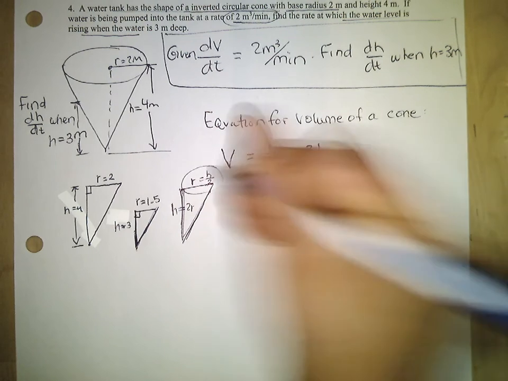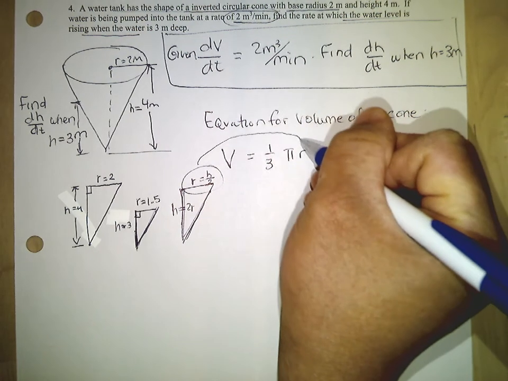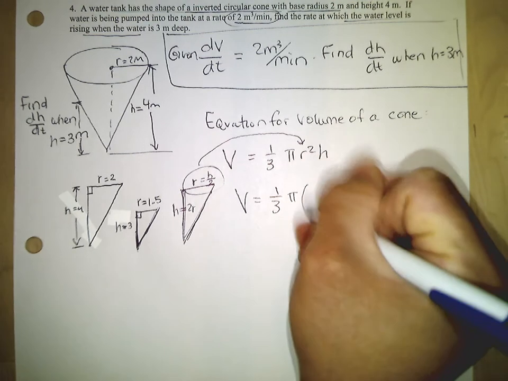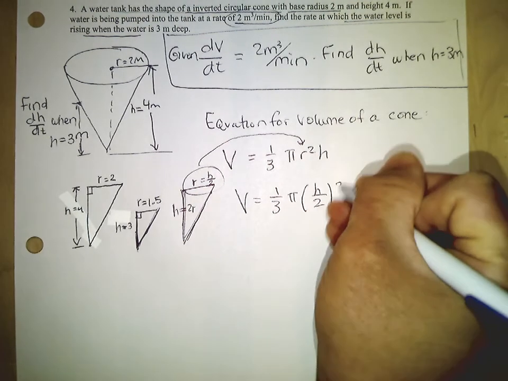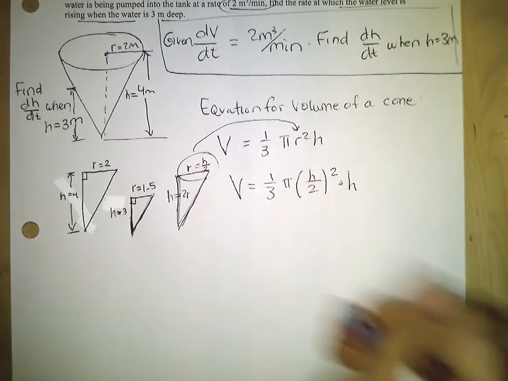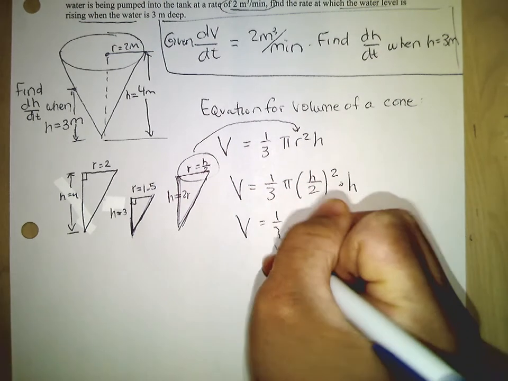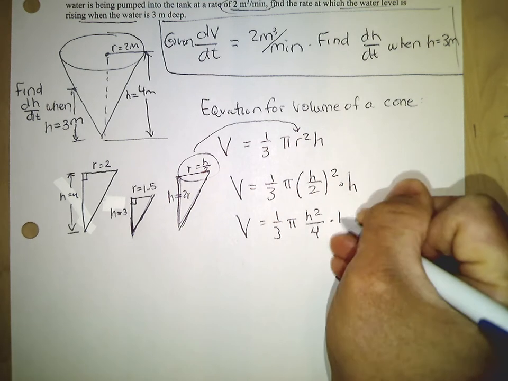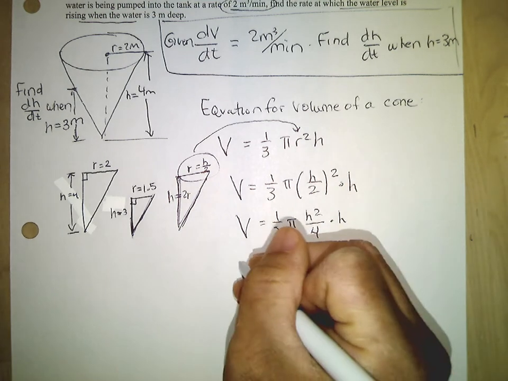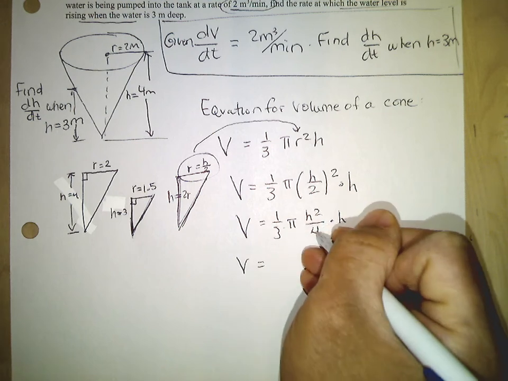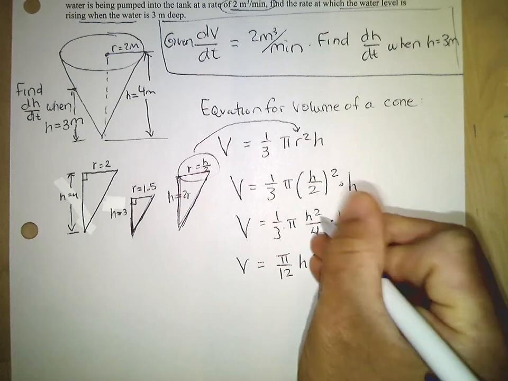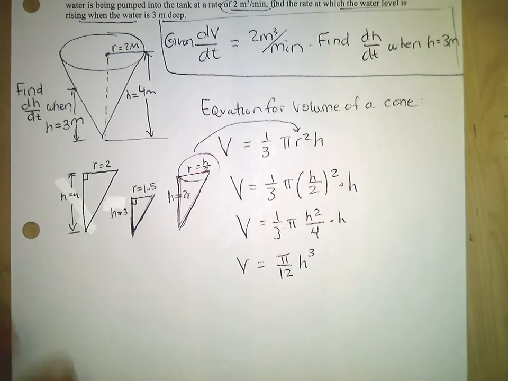So if I substitute this here, the height divided by 2, I have V is 1/3 pi times (height divided by 2) squared times height. So V is 1/3 pi, I'll square this, h squared over 4 times h, or V is 1/3 times 1/4 is 1/12, so pi over 12 times h to the third now.